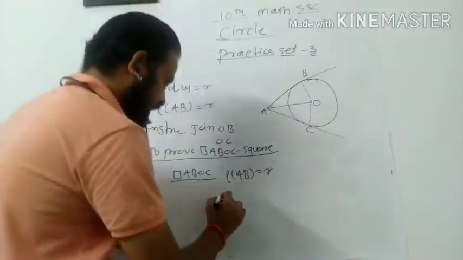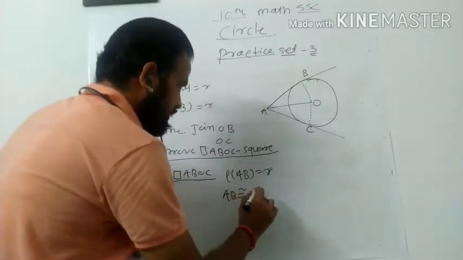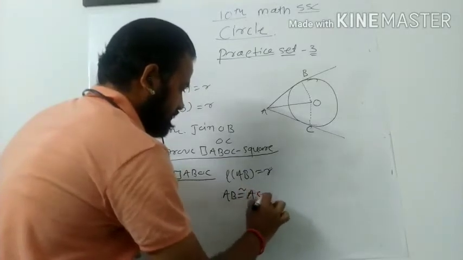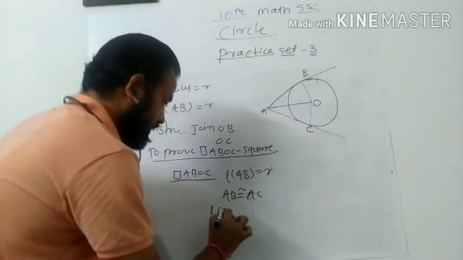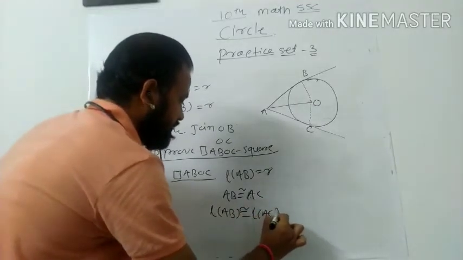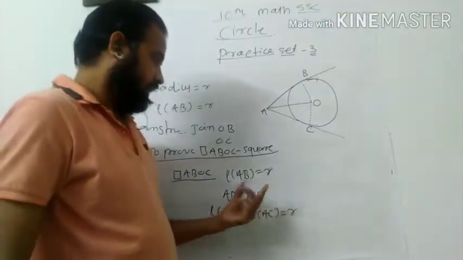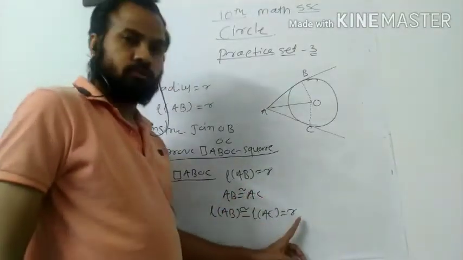So accordingly I can write AB is congruent with AC, or simply length of AB is congruent with length of AC, which is given as R. So if AB is R and AB and AC are equal, then AC is also R, isn't it?